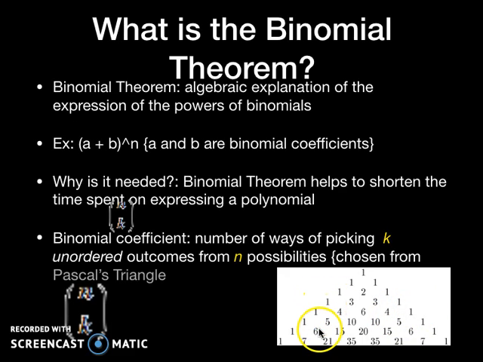So we have our 1, then we add the above 1 and 4 together, and we get 5. Then we take that same 4 and add it to 6, and we get 10. We take the same 6, add it to 4, get 10, and we take the same 4, add it to 1, get 5, and we end with our 1, a separate 1.